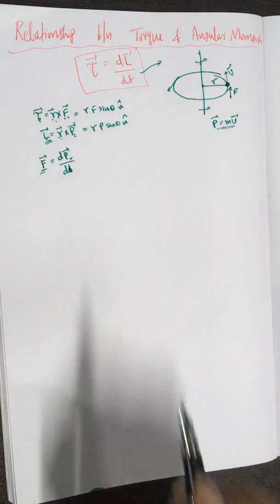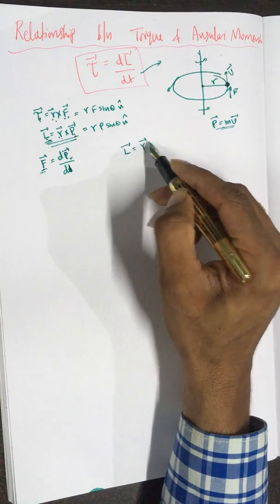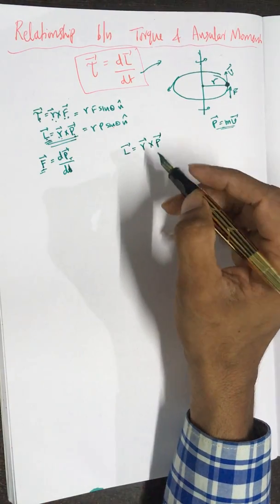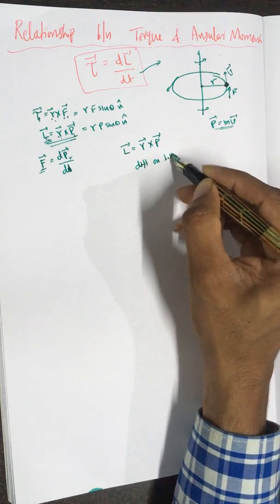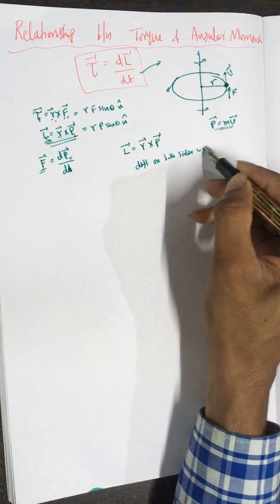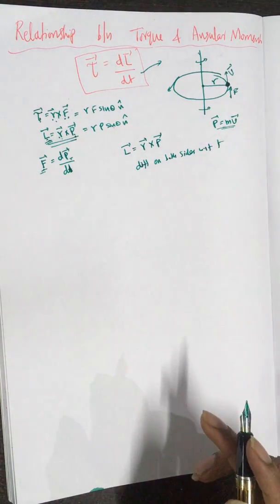I'll consider the first equation written here, L vector is equal to r cross P, which is nothing but the angular momentum. Now I will differentiate both sides with respect to time. I cannot do it for only one side, I have to do it for both sides.